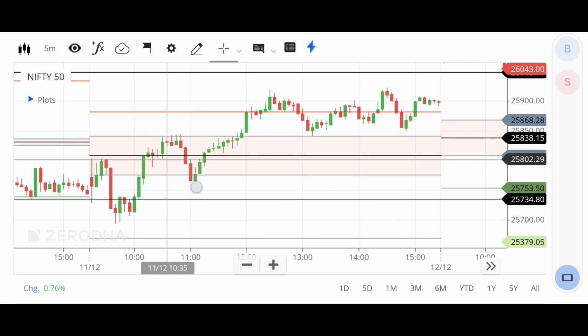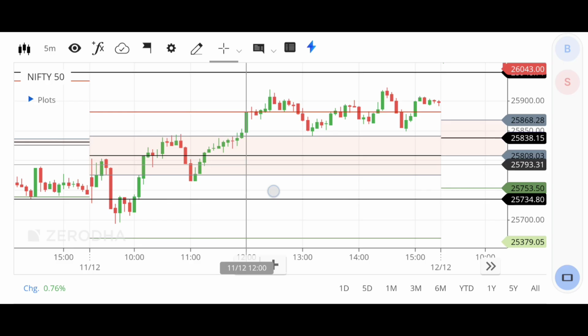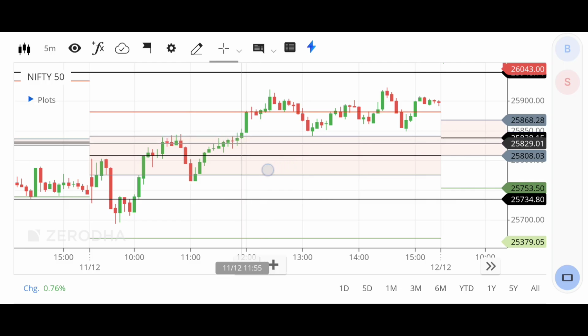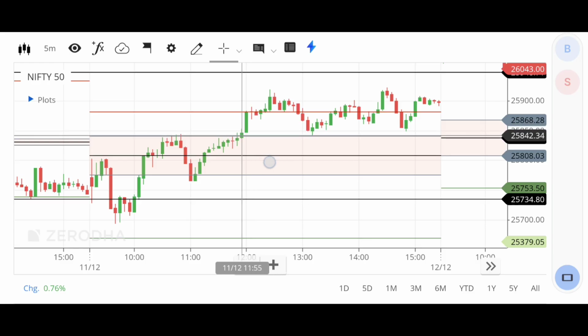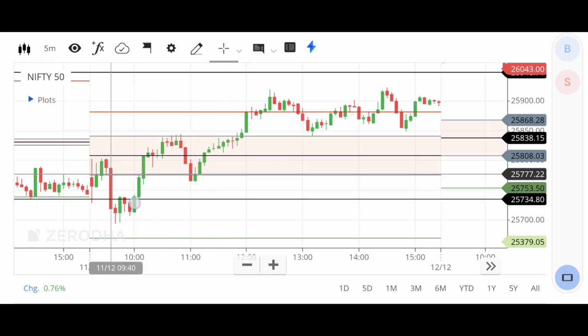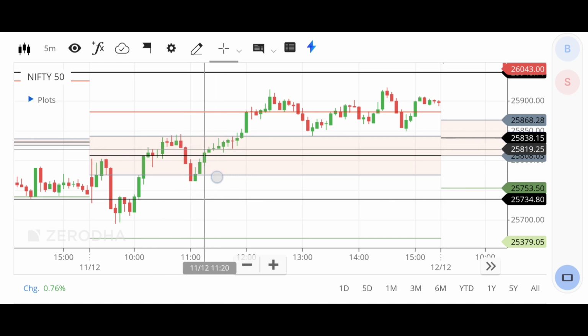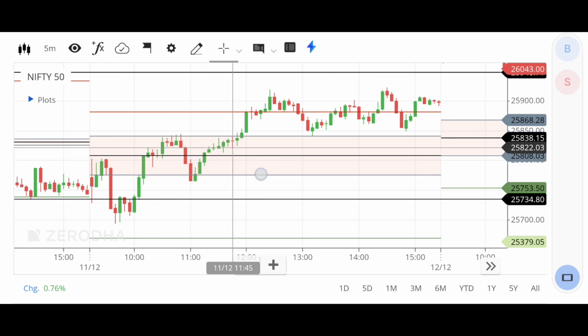After that, the market traveled inside the CPR for almost 1 hour, and at 11:55 you can see this candle opened inside the CPR and closed above the CPR, which means this is the broken candle. The market traveled inside the CPR for a long time, opened below the CPR, and the CPR got broken only at 11:55.